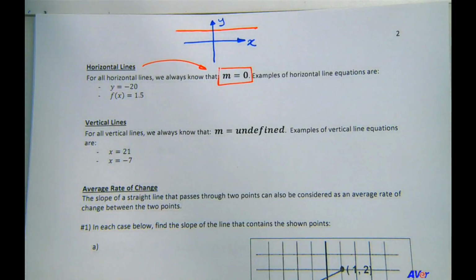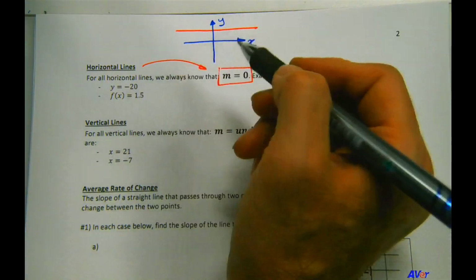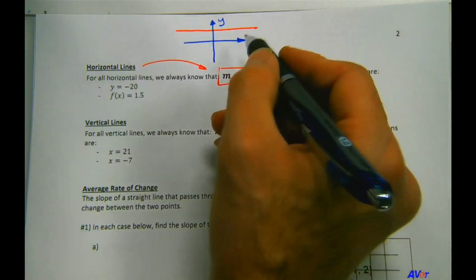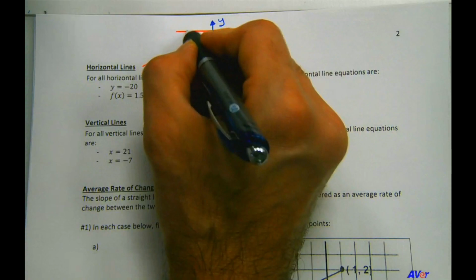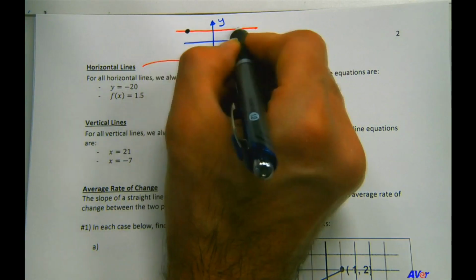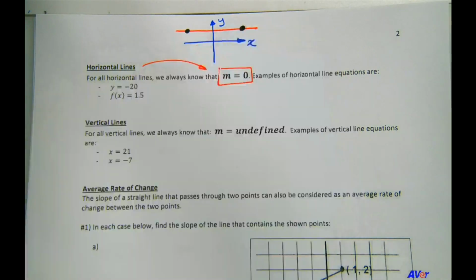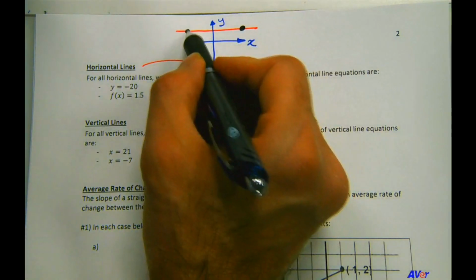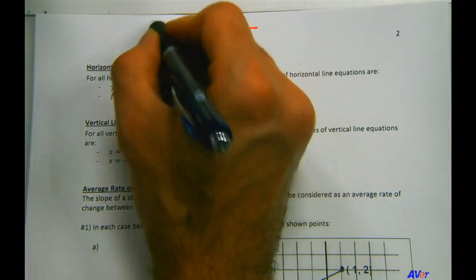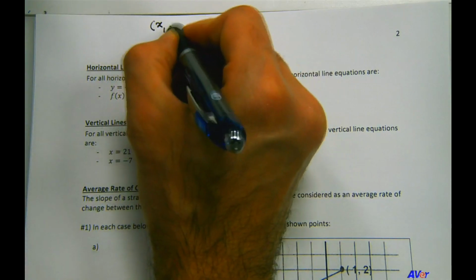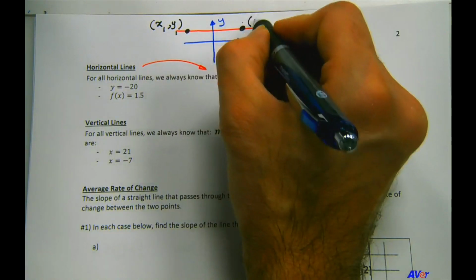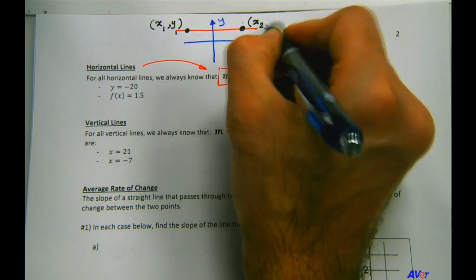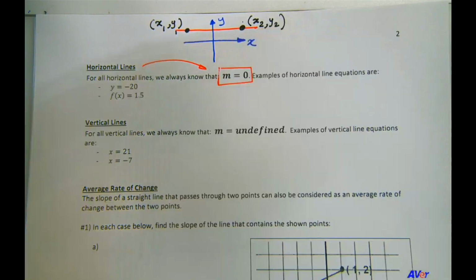Let's pick 2 points on this horizontal line. It doesn't make any difference where they are as long as they are on the same horizontal line. Now let's label the coordinates of this point as x1, y1, and the coordinates of this point as x2, y2.